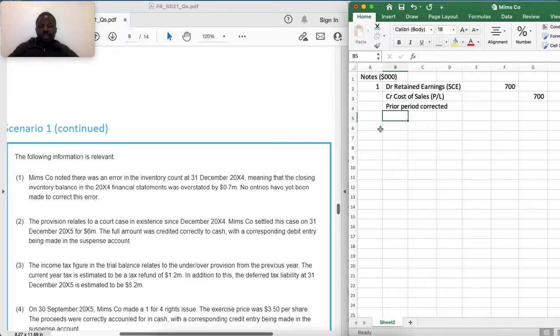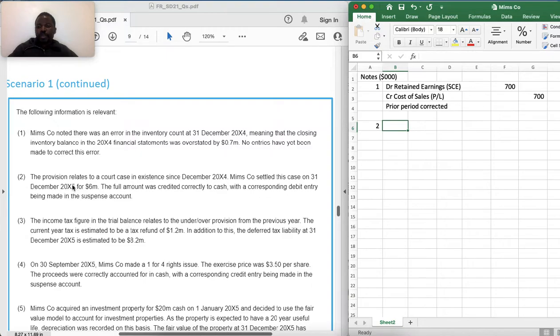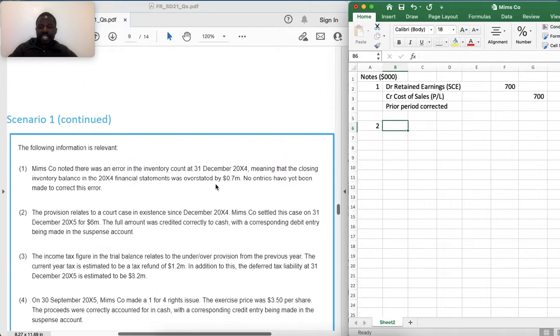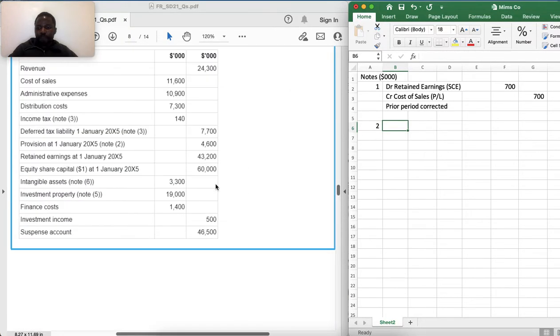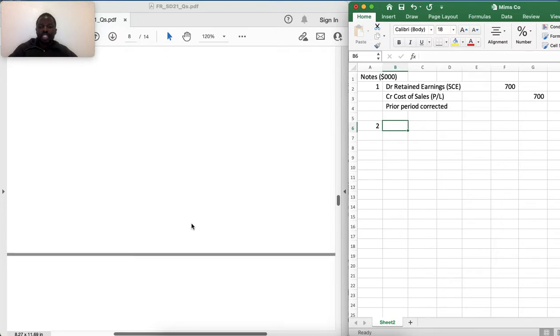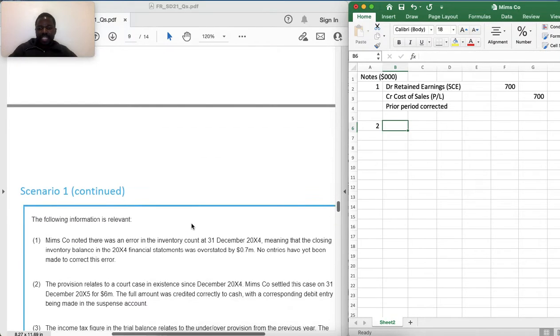Now let's go to note number 2. Note number 2, we are told the provision relates to a court case in existence. Where is the provision? We are given the provision here at 1 January for 4,500. That's the opening provision at 1 January 20x5 for 4,600.